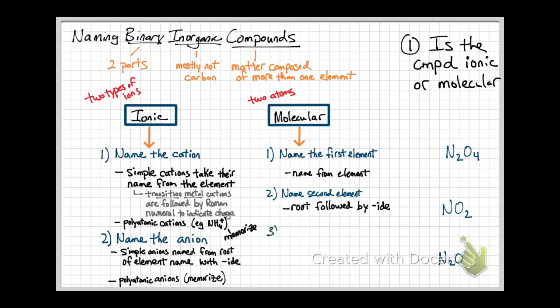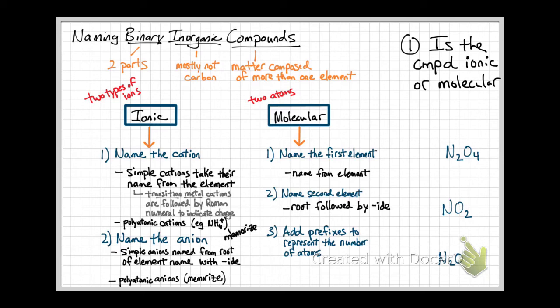Finally, we're going to add prefixes to represent the number of atoms in the compound. So this is very important, and this is the major difference between the ionic and the molecular compounds, because the charges on ionic compounds are relatively fixed.